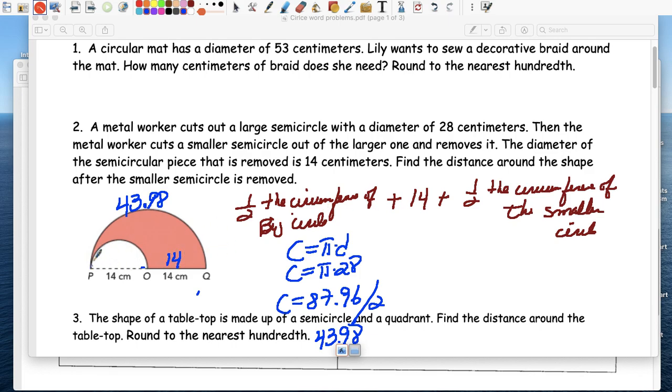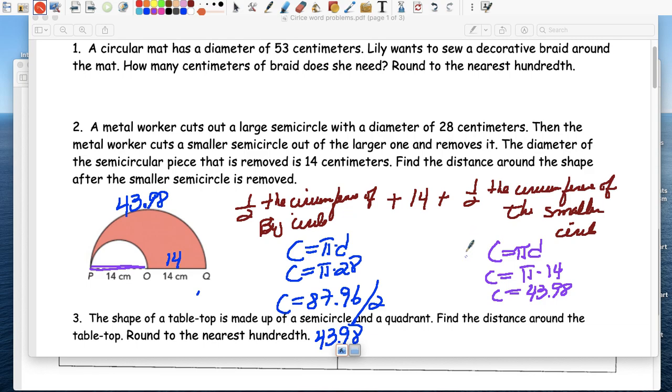So we just need the half circumference of the small circle. C equals pi d. Let's focus on the small circle. What's the diameter here? Diameter is 14. Let's get a numerical value. 14 times pi, enter. It's 43.98229715.